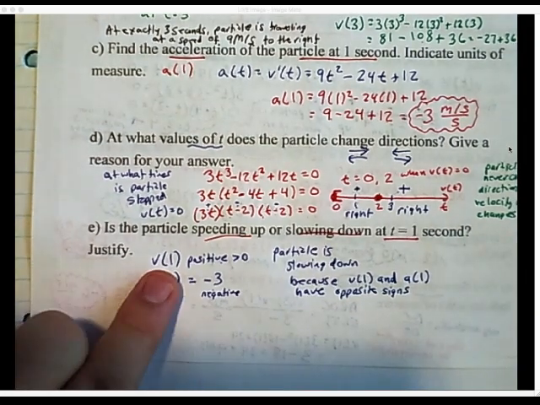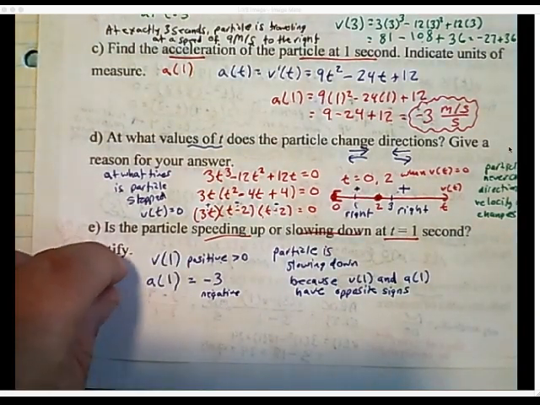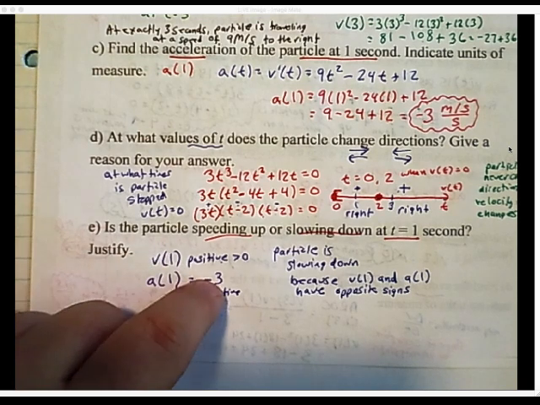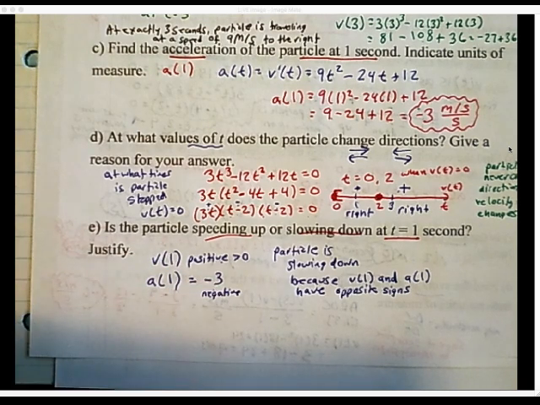So if you're traveling positive, that means the particle is moving to the right, but if your acceleration is negative, that means that even though it's going to the right, it's braking. That would be the meaning of it. If that's positive and that's negative, that means it's braking.